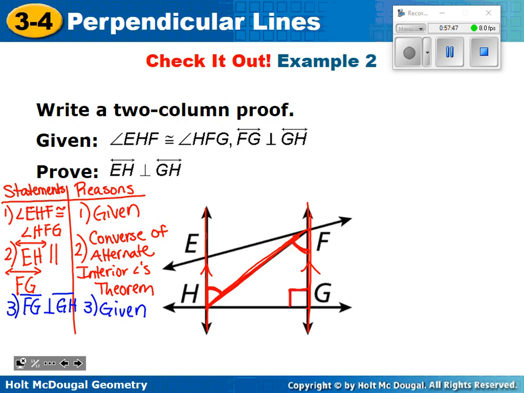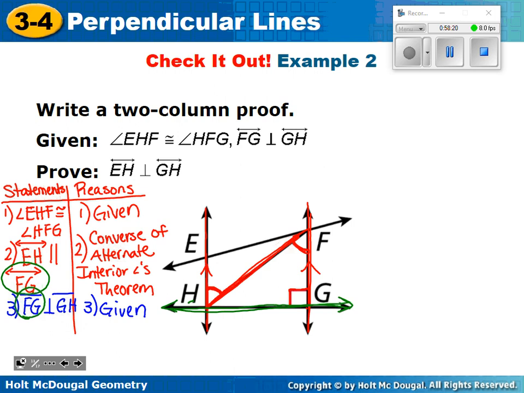Now I want you to look at what you have here. You have a pair of parallel lines, and you have that one of those parallel lines, FG, is also perpendicular to the line GH. You've got a pair of parallel lines, and one of them is perpendicular to this transversal GH. Exactly.